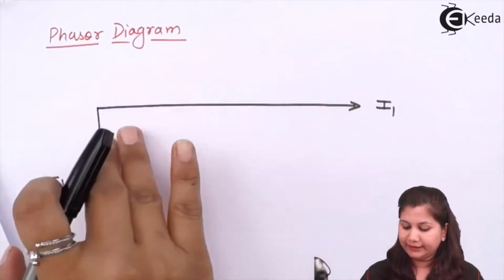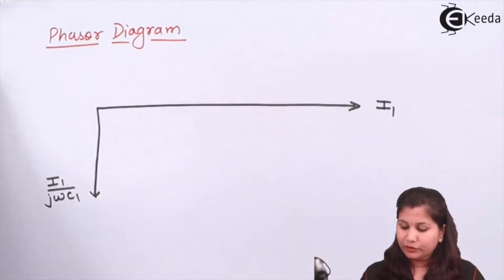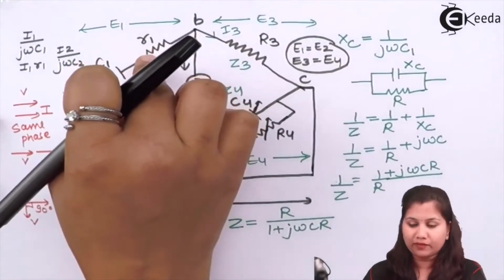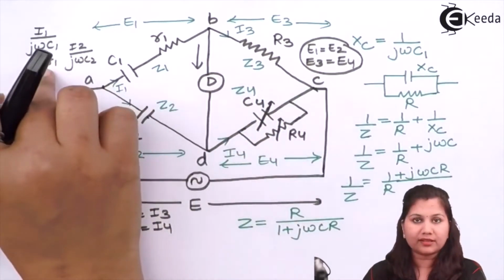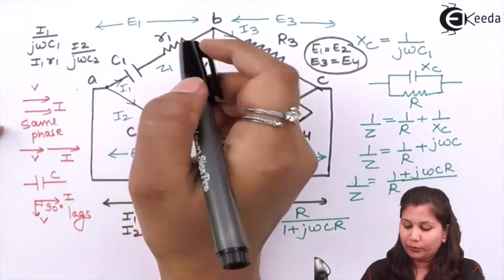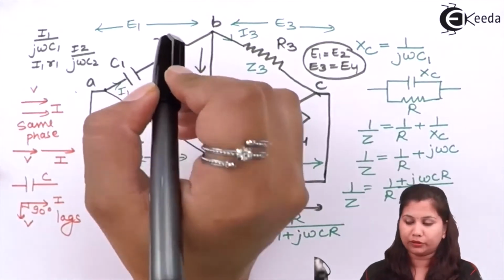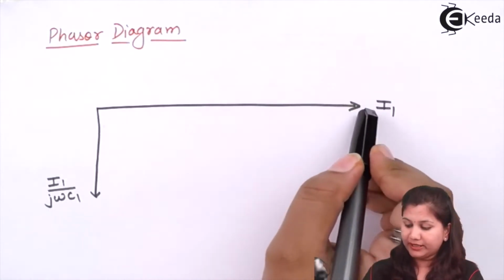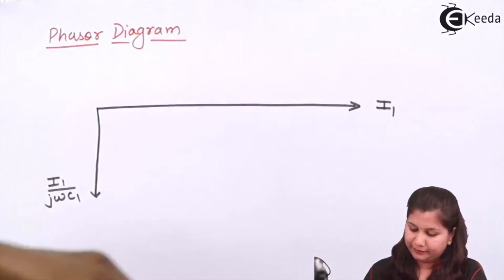So at 90 degrees lagging, we have drawn the voltage for it. Now coming to the other element, we are having the resistance. The voltage across this resistance will be I1 R1. Okay, so I1 R1 will be in the same phase as this current I1. I1 is here, so I1 R1 will be drawn on the same line.